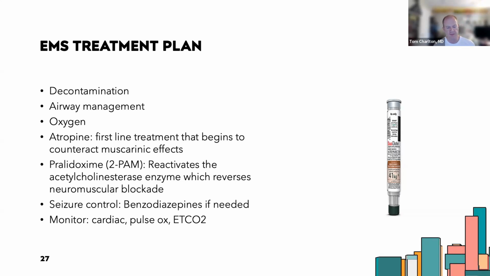Pralidoxime or 2-PAM is also important because it reactivates that enzyme which the organophosphate affected. And that begins to reverse that neuromuscular blockade.